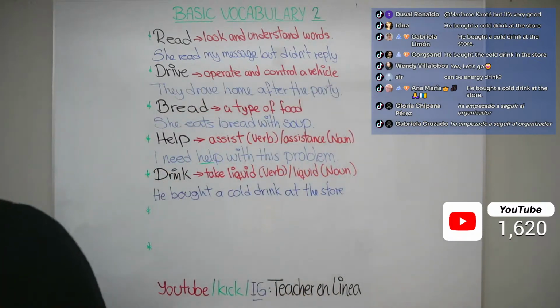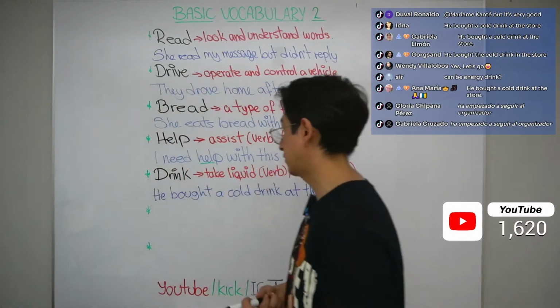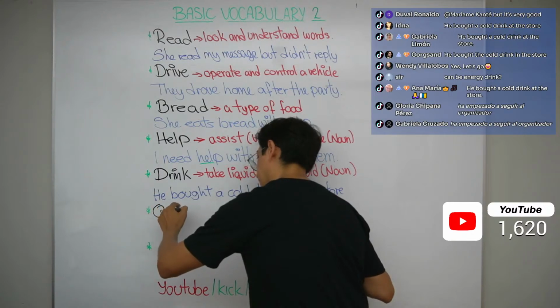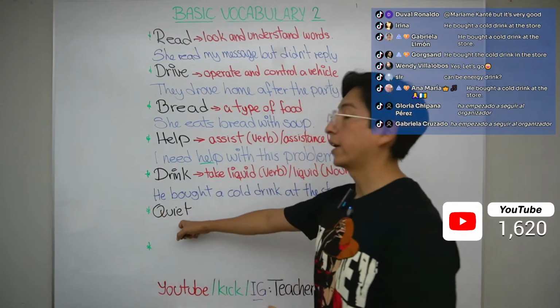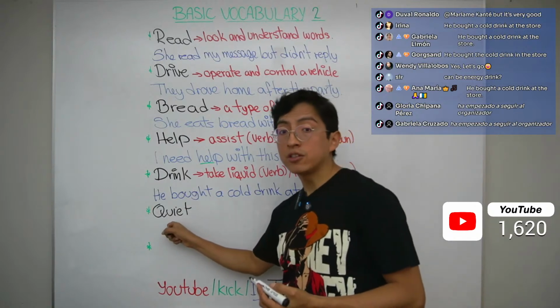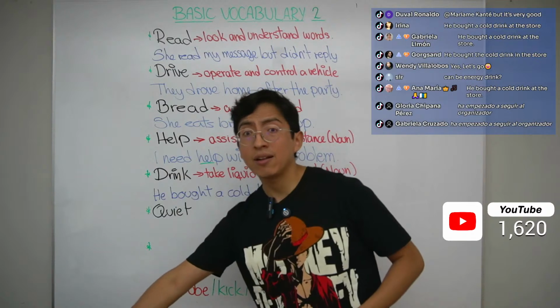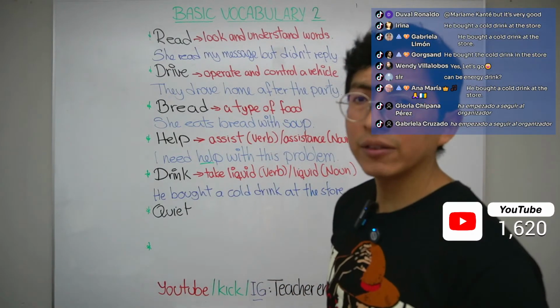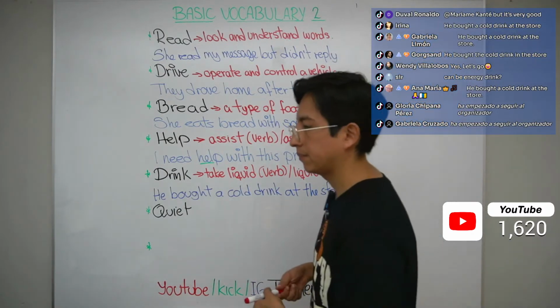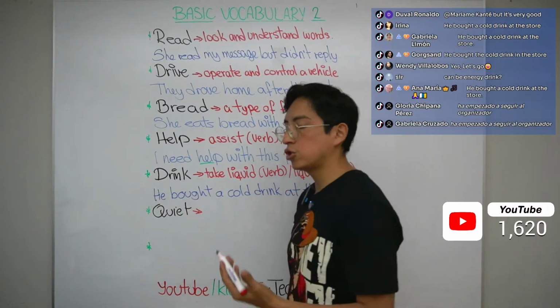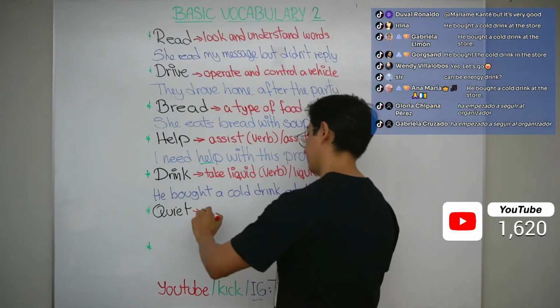Okay, this one, I love this word. Be careful with the pronunciation of this word. Quiet. Okay, quiet. What is the meaning of quiet, guys? When you don't make noise, okay?